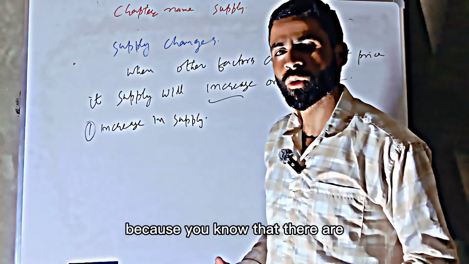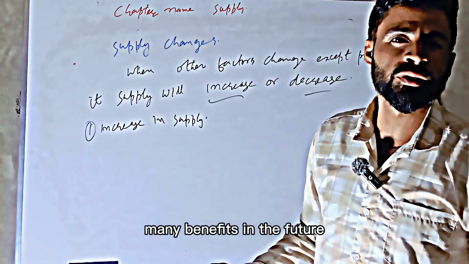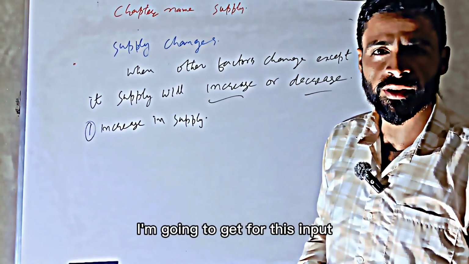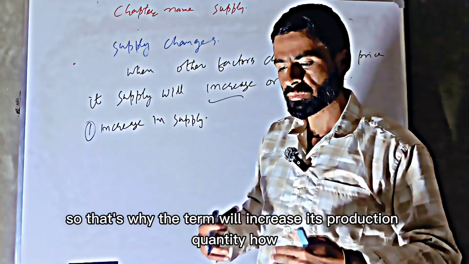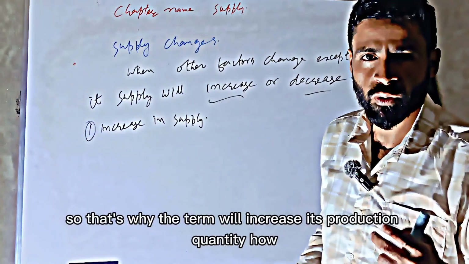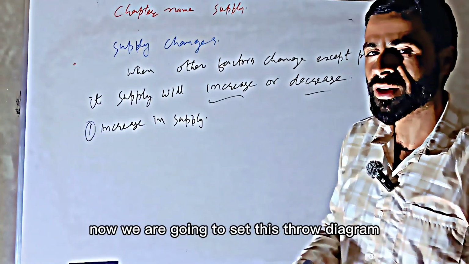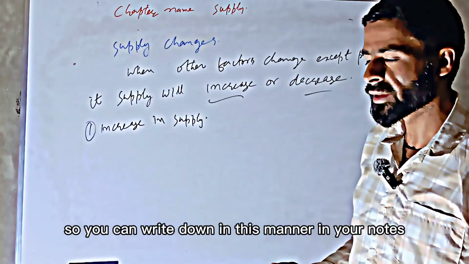Why? Because you know that there are many benefits in the future I am going to get through this input. So that's why the firm will increase its production quantity. How? Now we are going to see this through a diagram as well as a little bit written. So you can write down in this manner in your notes.